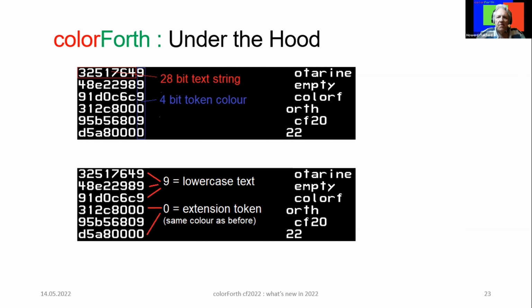If it's a 0, it says don't change the color and output it. And actually, it says don't change the color, step back a space and undo the space that the last token put down. And that's why you can see the text there is to the left by one space, because I use the same primitive to output it in the dump program as I do to output it in the editor.